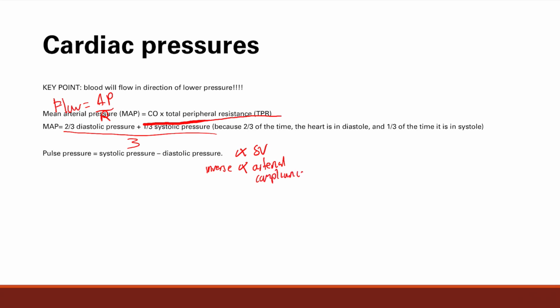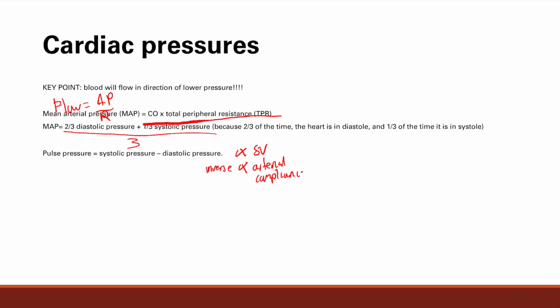Okay, I want to make this clear. If you have a more compliant artery, which means that it can stretch out more with more blood, this will decrease your pulse pressure.